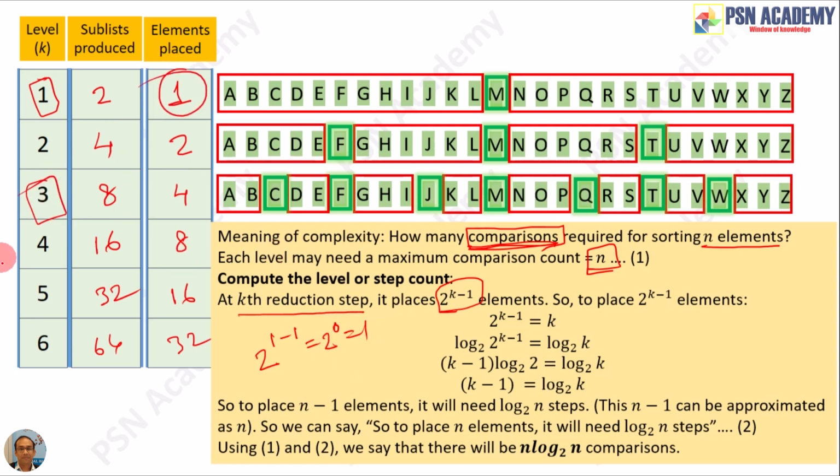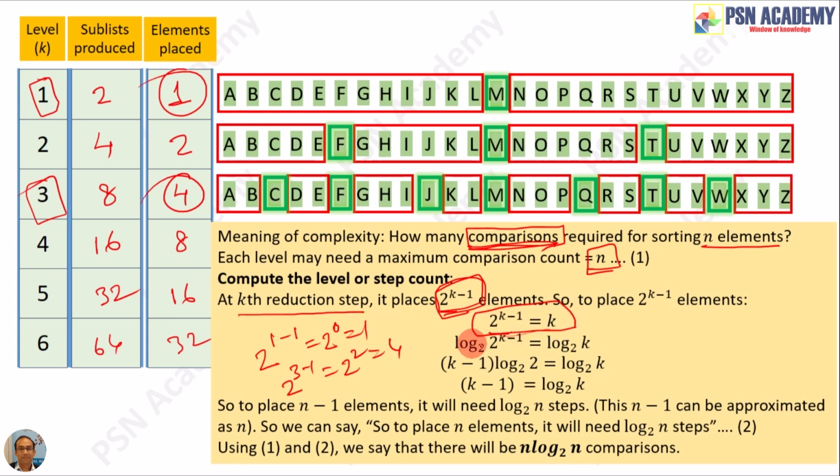For 3, 2 raised to 3 minus 1, that means 2 raised to 2, that is 4. So you have a map between this level and the number of elements placed, right? So you find that this number of elements will be placed at the kth reduction step, right? So to place 2 raised to k minus 1 elements, you write like this, you need k steps.